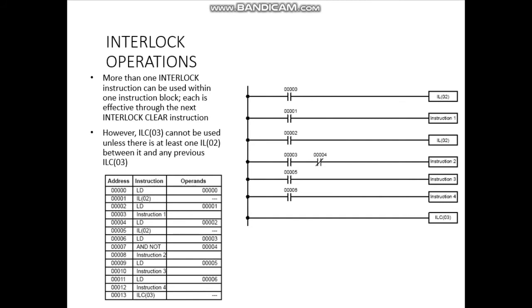Interlock operations can also be used more than once within one instruction block. If you look here, you have IL, then ILC. To turn off the whole set of instructions, you have to turn off the outer ones.